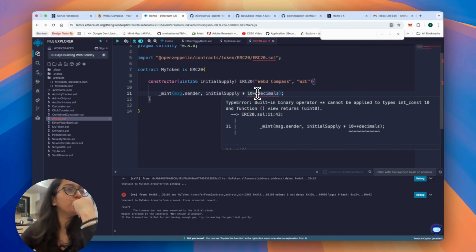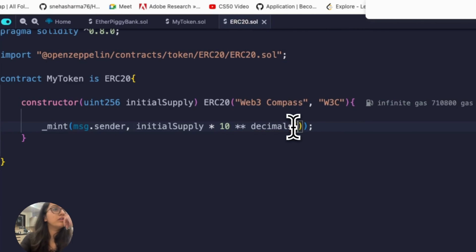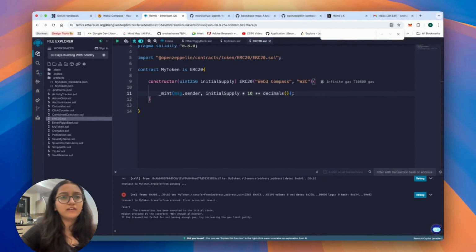Okay. Sorry. Yeah. Okay. And that's it. Like, that's the entire thing, okay? That's it. You've just created a production grade ERC20 token in a few lines.